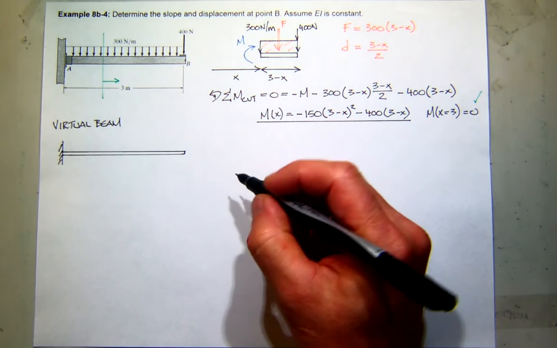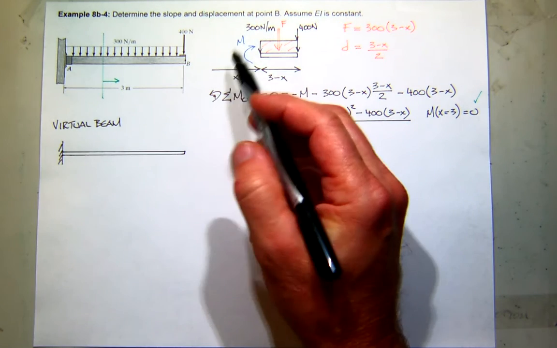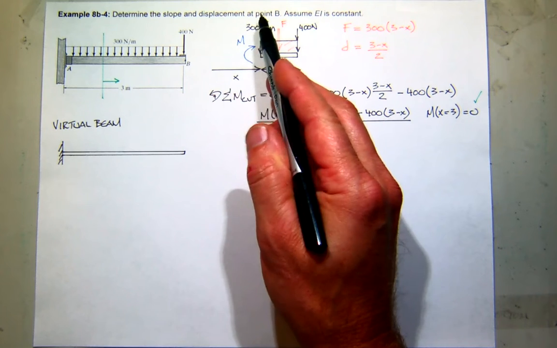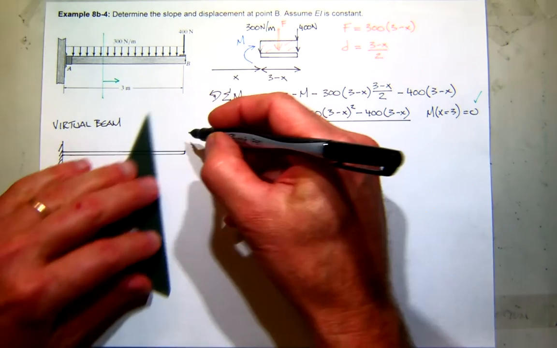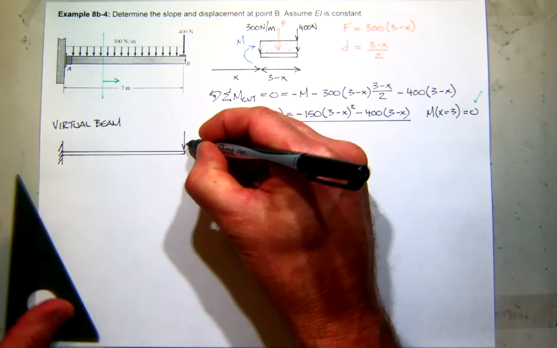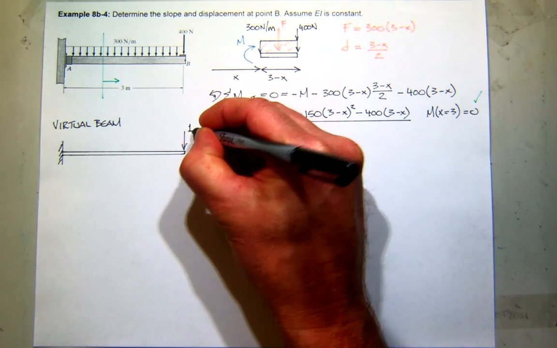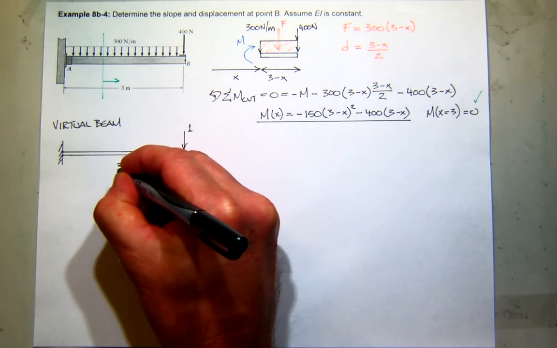Where should I put my virtual force? At the point you want, which is B, and you think it's going to go up or down? Down. Why not? So there's my virtual force at the point I want, B, assuming the direction I want is down.